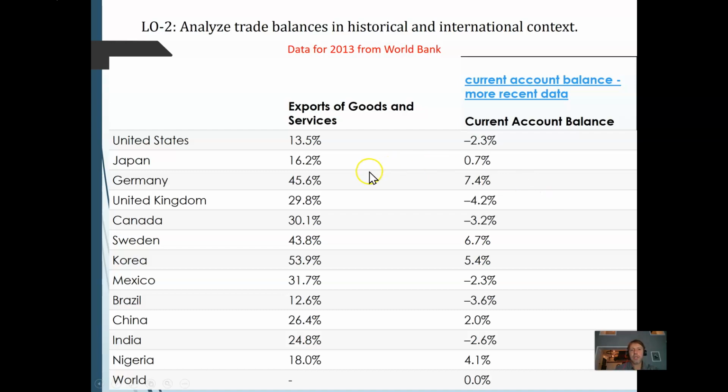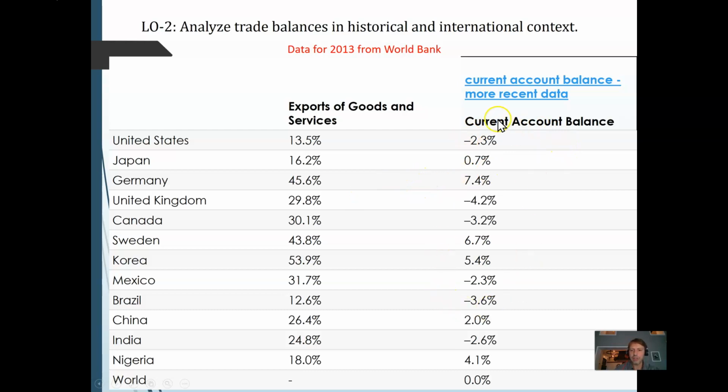You can see how much exports of goods and services, how big a piece of the economy it is. So it's about 13.5% of the whole economy for us, where it's 45+% for Germany and almost 44% for Sweden, only 12% for Brazil. So the smaller the number is here, the less a piece of the whole economic pie that the exchange of goods and services internationally is.